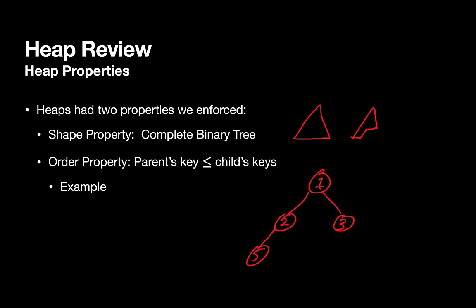Another valid heap would be these 3 nodes, where we've got 1 at the top, 2 at the right, and 5 at its left. Okay, in just a second, we'll look at the binary search tree's properties, and then we will also look at some binary search tree examples and contrast them a little bit with these.